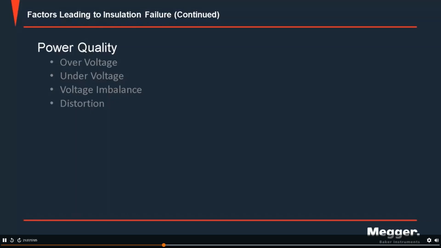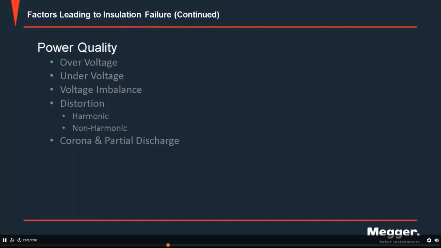That could lead to extra current and of course extra heat. The distortion can come in the form of harmonics and non-harmonics. So it is important to understand the characteristics or the specific nature of that distortion, especially when we're trying to troubleshoot or identify the particular source of that distortion so that we can remedy the situation.